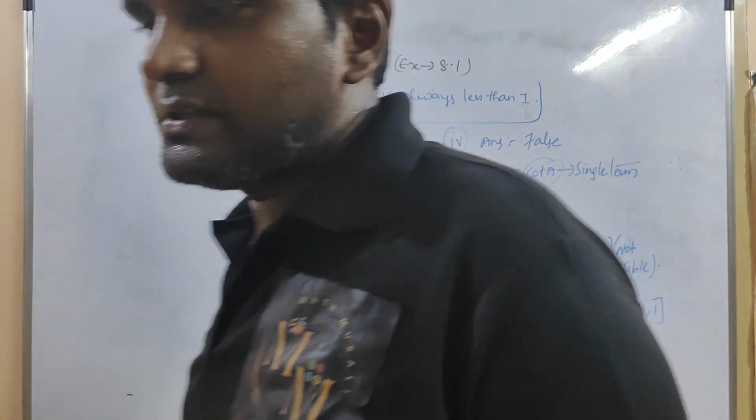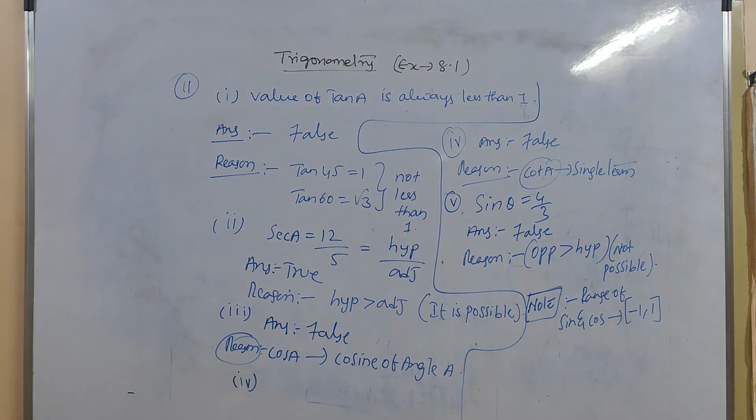That means values of sine and cos, whatever may be the angle, should not cross -1, should not cross +1. It may be equal to -1, it may be equal to +1, but it should not cross those values. Whatever may be the angles for sine and for cos. Am I clear or not?